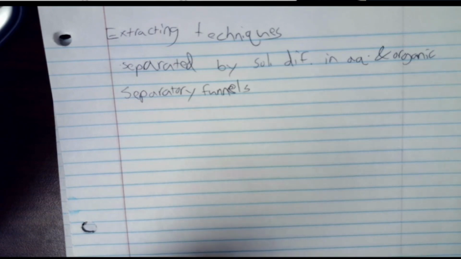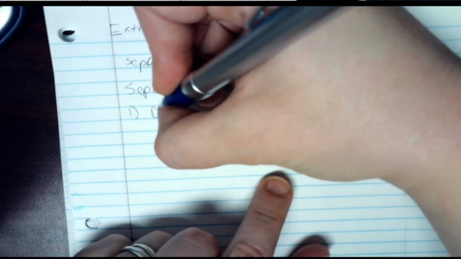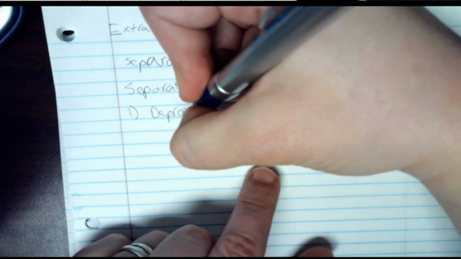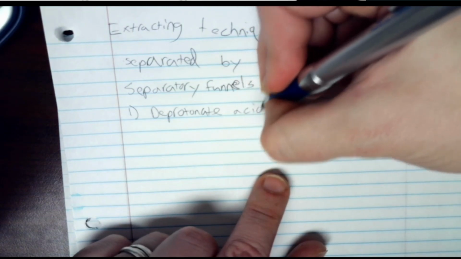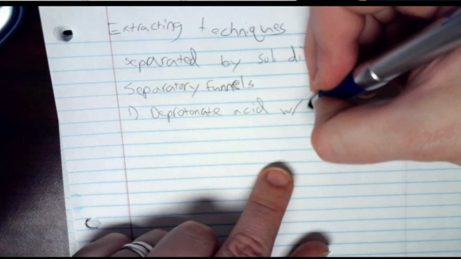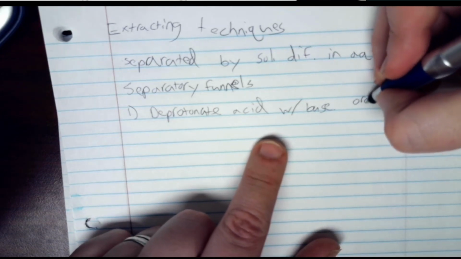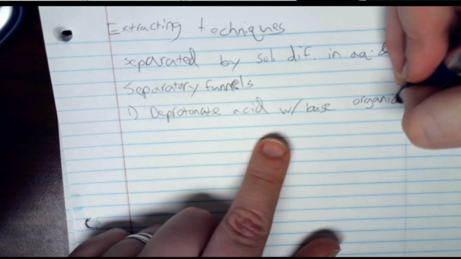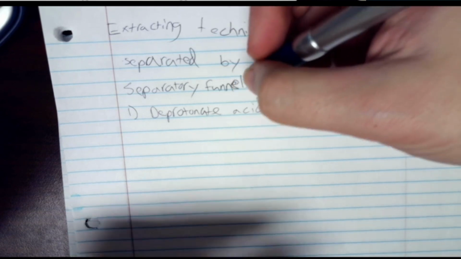Step 1: deprotonate the acid with a base. And so organic shifts to ionic.